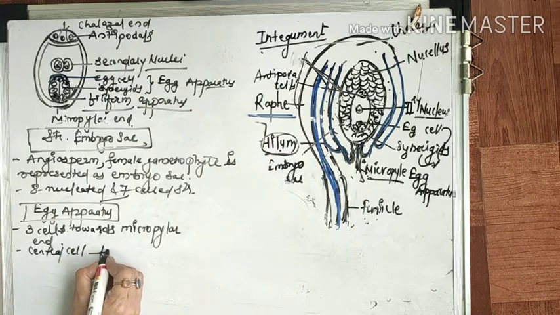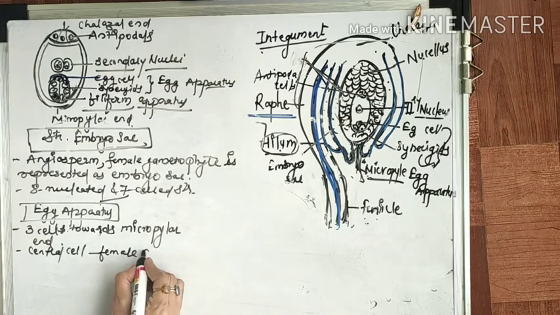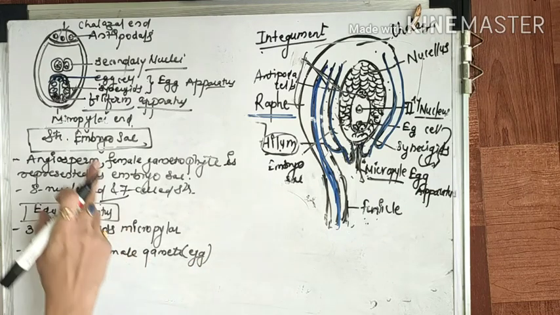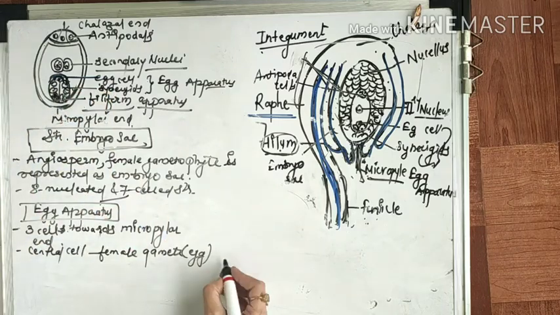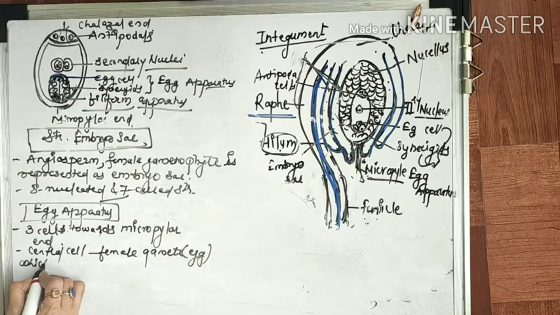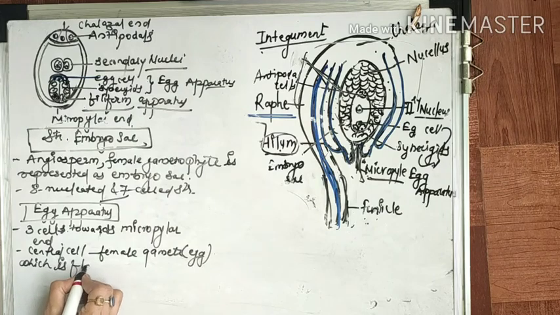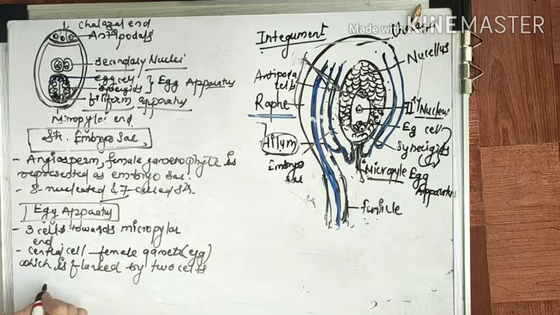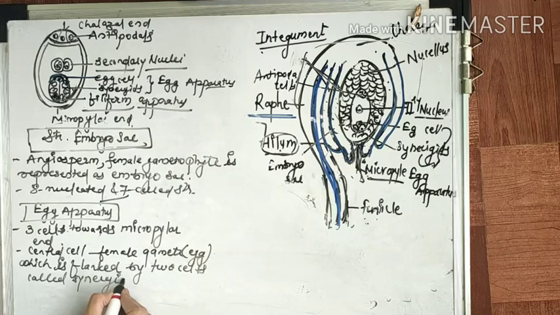It is the female gamete, which is nothing but the egg cell, and it is flanked by 2 cells, 1 and 2, that are called synergids. Now you can see after fertilization, this is the structure.